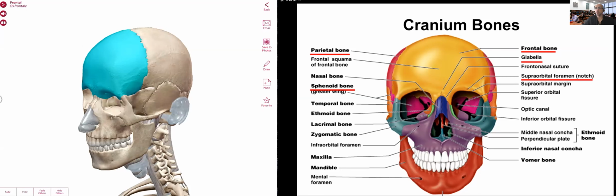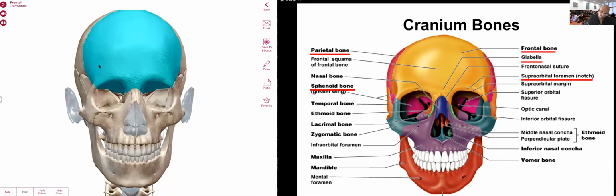Well, what do we call this bone again? It's my frontal bone. What do we call this elevation just above the nose? Glabella, exactly.